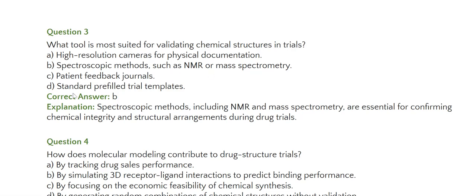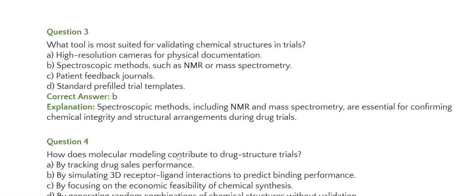C, patients' feedback journals, or D, standard pre-filled trial templates? So it is B, the spectroscopic methods such as NMR or mass spectrometry, as spectroscopic methods including NMR and mass spectrometry are essential for confirming chemical integrity and structural arrangements during drug trials.